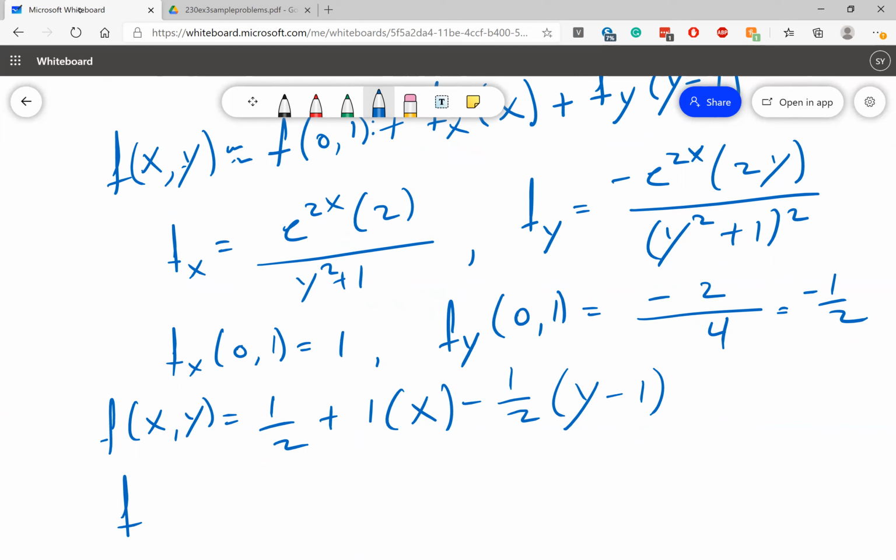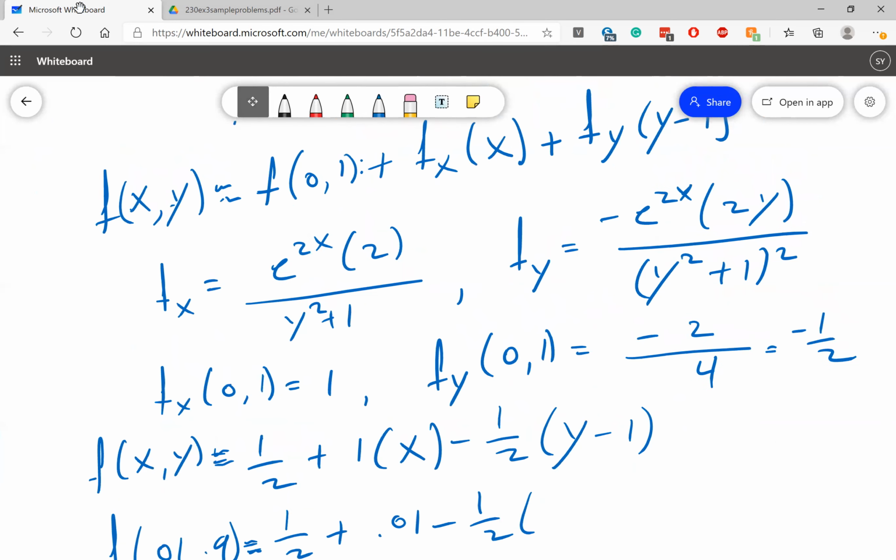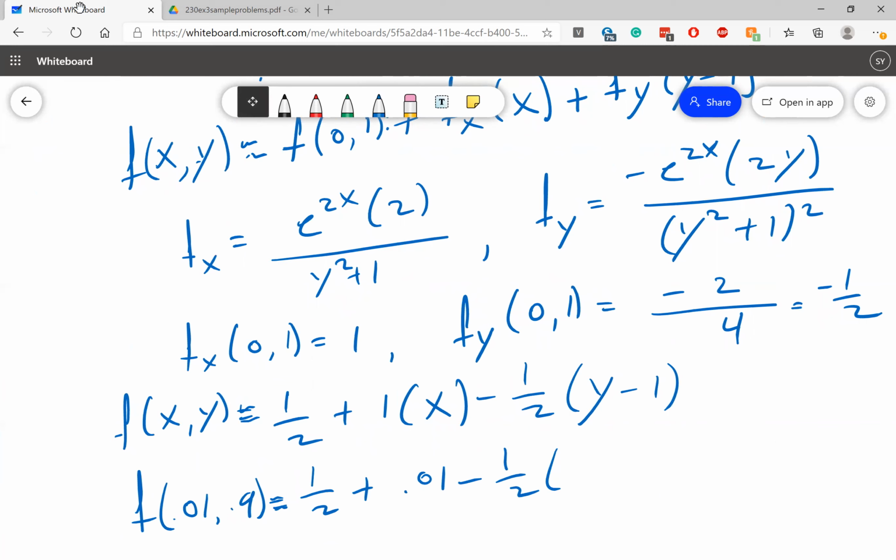So f at the point (0.01, 0.9) is approximately 1/2 plus 0.01 minus 1/2 times 0.9 minus 1, which is negative 0.1, so this would be plus 0.1.